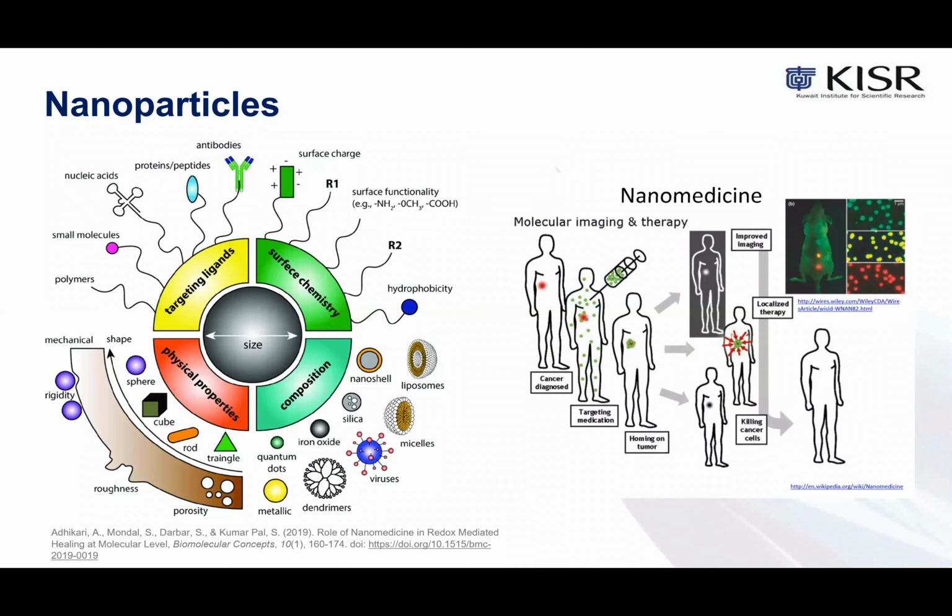In the future, these nanoparticles, as we can see here on the nanomedicine figure, can be mixed in a solution and injected in the human body, where we can diagnose and track the cancer cell. And it can be even very helpful for the physician to determine the location of the target tumor cells.